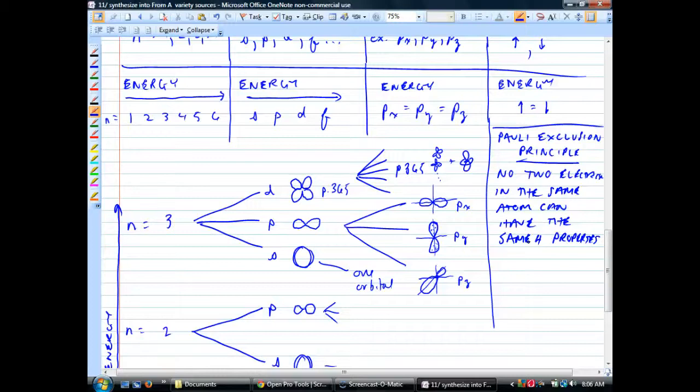I'm PX too. What spin are you? Spin up. No, I wouldn't ask that question. It doesn't matter. Because I would know. Because if I'm spin up, then I already know that they're spin down. Because you can't have the same spin and be in the same orbital at the same time.